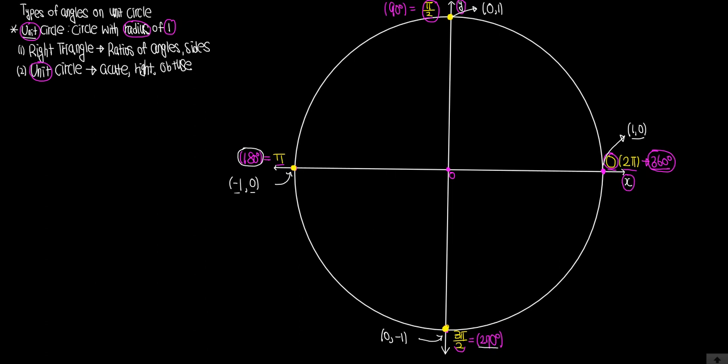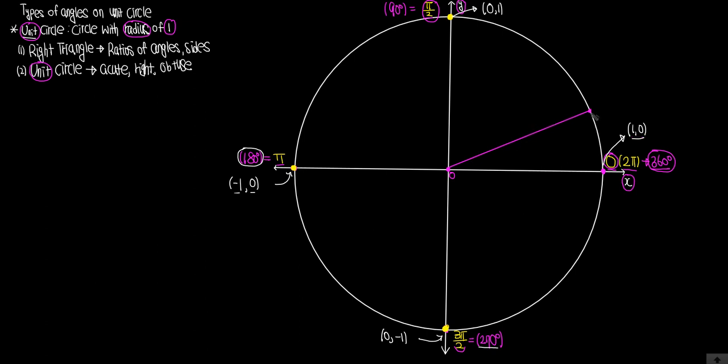Now let's think about a random angle rotated from the starting line, which is the positive x-axis, besides the initial line and terminal line. From the origin (0, 0) all the way to the circumference of the circle, for example like that, is going to be the terminal line for the angle measurement, and from the origin to the point here, which has the coordinate (1, 0), we call it the initial line or starting line.